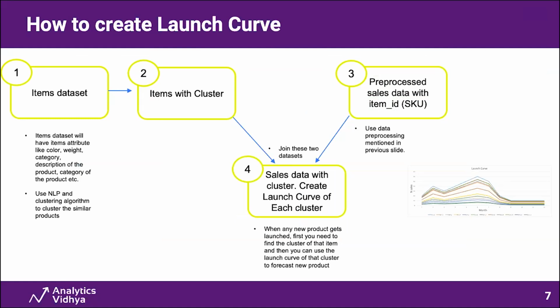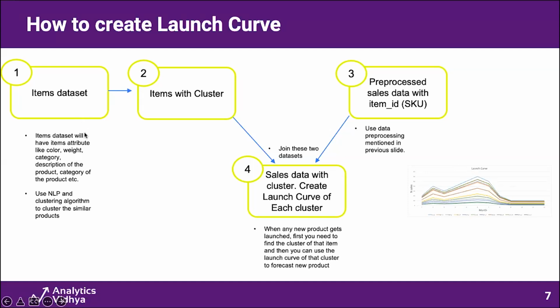If your launch curve itself doesn't make any sense, meaning the pattern is not even, with some item IDs, basically SKUs, going higher in the first month of the launch while others go higher in the 6th month, that is not an ideal case, and it will not be good when you forecast.